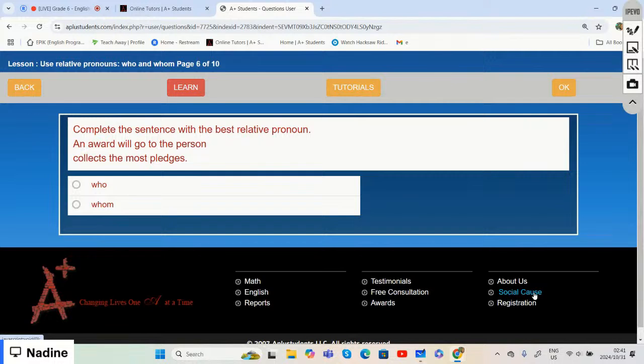All right, the next one says an award will go to the person who collects the most badges, or an award will go to the person whom collects all badges. Which one is correct?